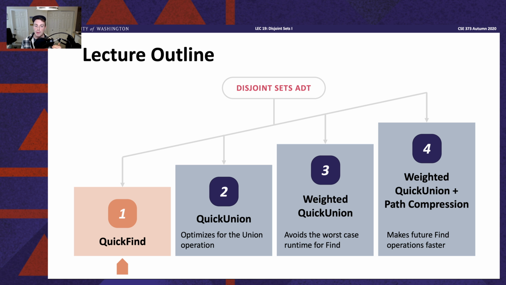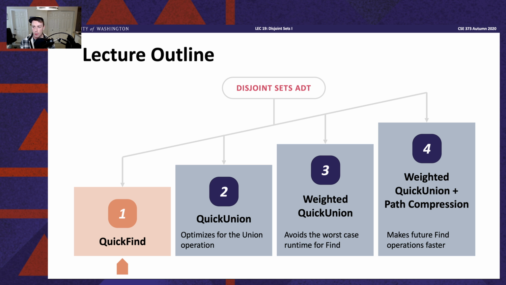So I'm going to start building up some data structures that try to solve this problem, and we'll start simple and get more complex. In this lecture, we're going to cover the first 3 of these, and then we're going to pick up on Friday where we left off and talk about this 4th and final one, the weighted quick union, path compression, all of this stuff. But we'll understand all these terms in a bit.